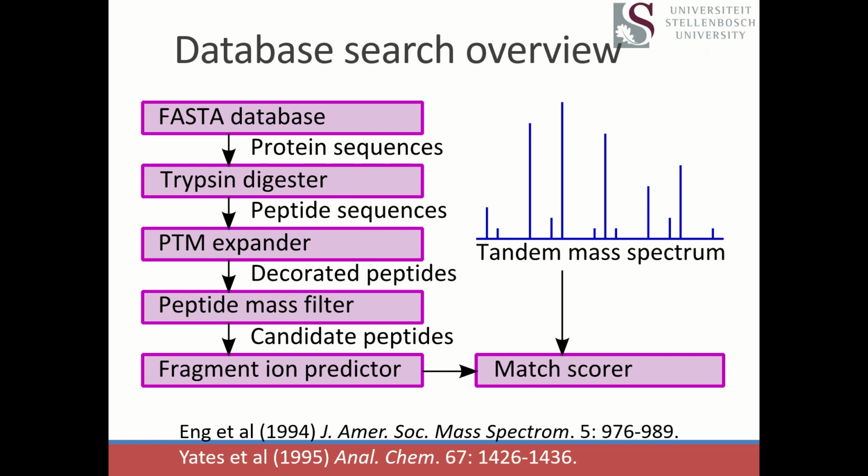So we're going to start with a FASTA sequence database. This is just a big text file, but it's a listing of all the different proteins that are known to be possible for this organism. Now, did we get those from proteomics? We did not. Most generally, we got these from annotating the genomes of the species in question. We haven't yet identified all of the peptides and all the proteins in humans from proteomics experiments.